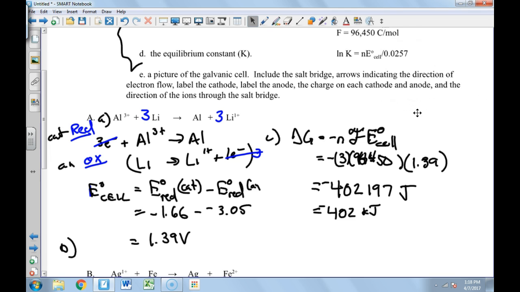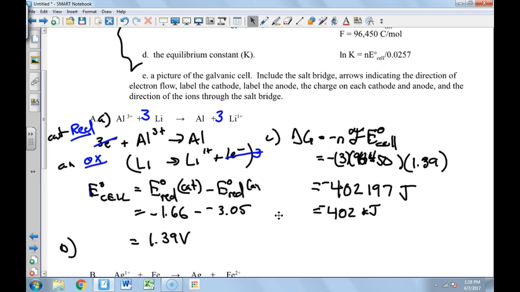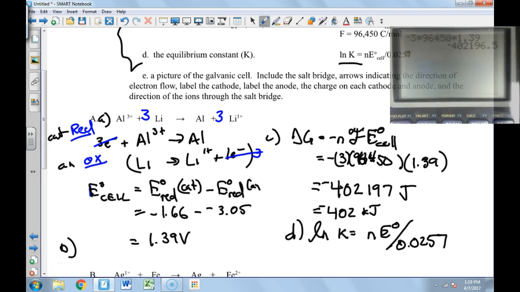Now for part D, we want to find the equilibrium constant. The formula is right here. So that's ln K equals n times cell potential E divided by 0.0257. Let me bring up my calculator and we'll actually do this one. So how many electrons are being transferred? Again, it's 3 electrons being transferred.